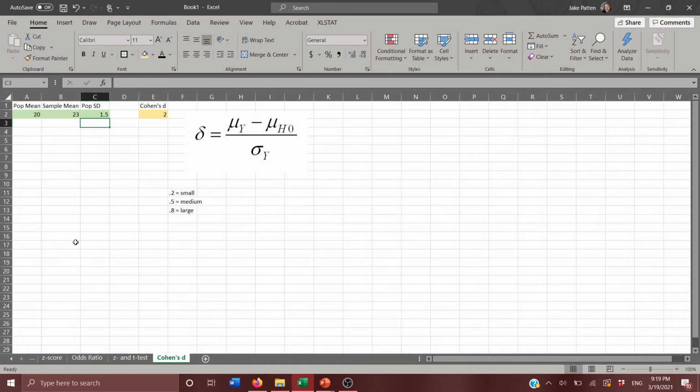We're looking at the difference between a sample and a population in terms of standard deviation units of the population. When we get to doing two groups, you're going to be looking at the difference between two groups in standard deviation units that are common between both groups.